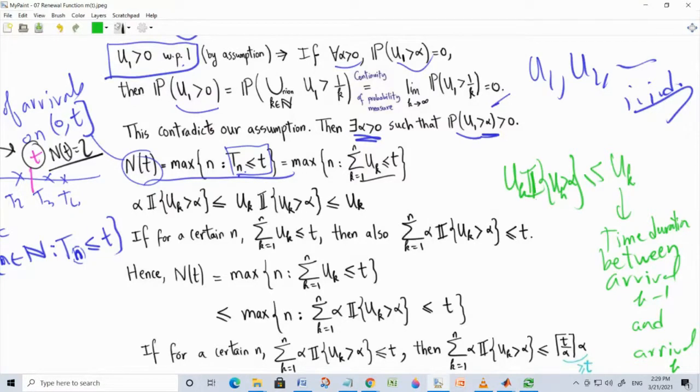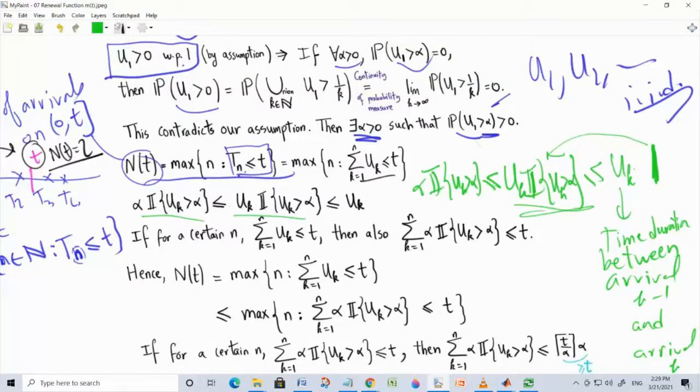Because this indicator is 1 or 0, this thing here is either U_k or 0. So here U_k is multiplied by 1. Now you replace the 1 by an indicator function that will be 1 if the condition U_k is greater than alpha, and 0 otherwise. Then you have another step of lower bounding and say that this is greater than or equal to alpha times the indicator of U_k greater than alpha. Is this true?